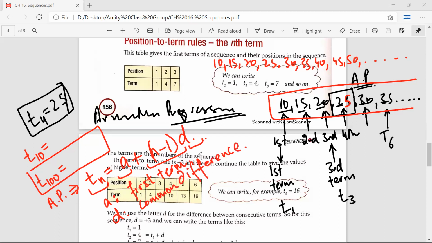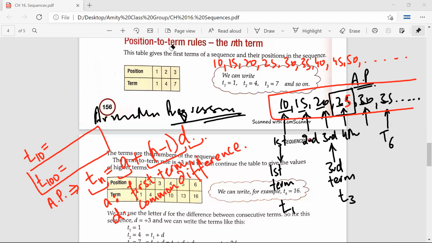Soumya ji, any doubt? Sarvi ji, any doubt?